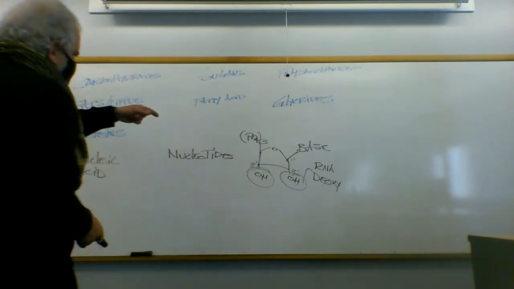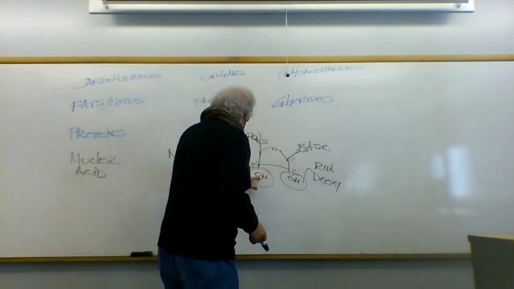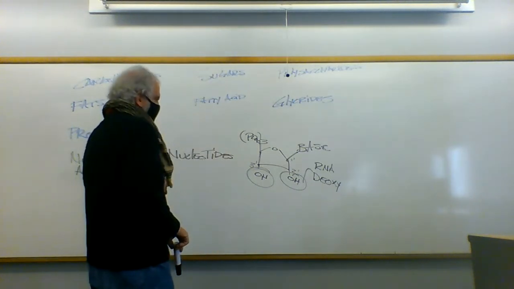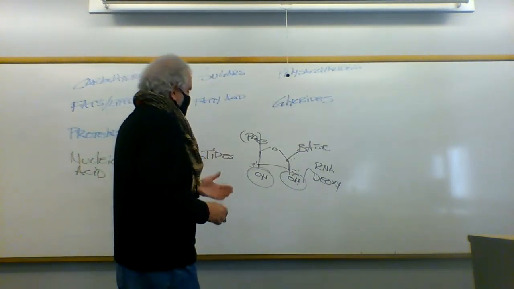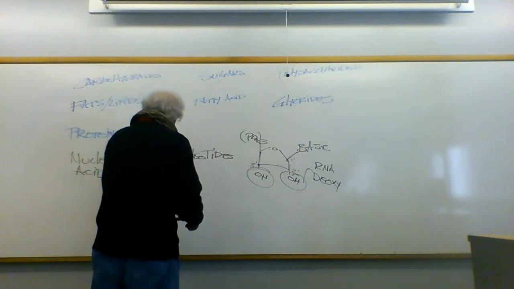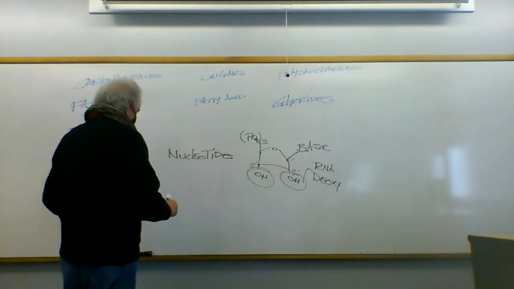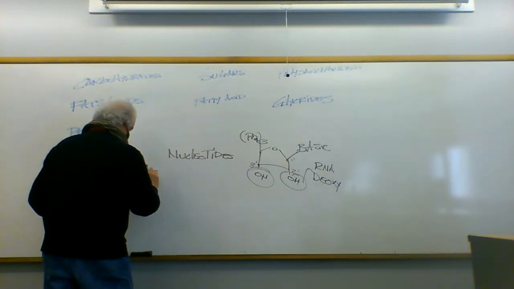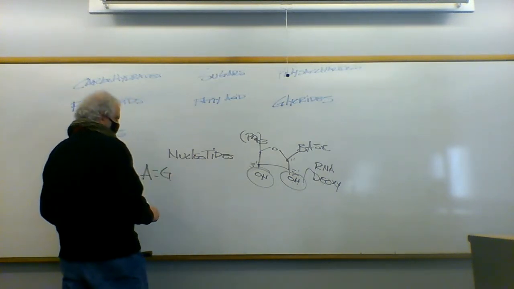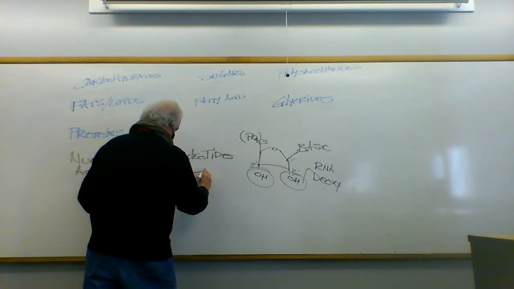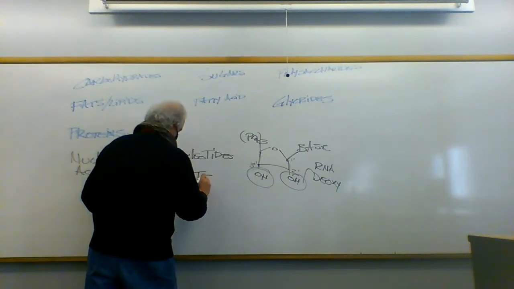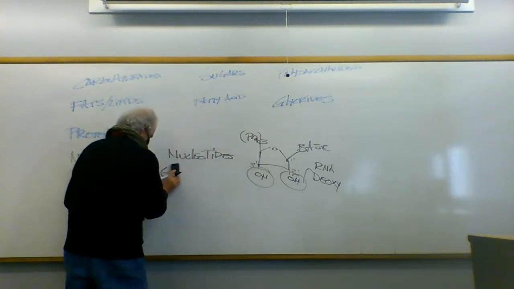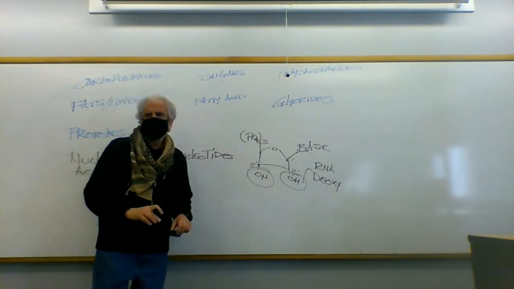So we start adding phosphate links here and creating the nucleotide chain. Nucleic acids have the ability to interact through base pairing. Sorry, I was thinking about two different things.